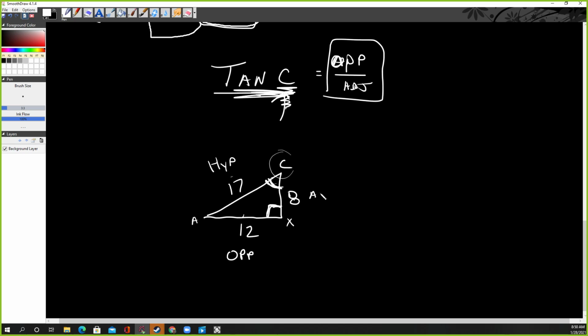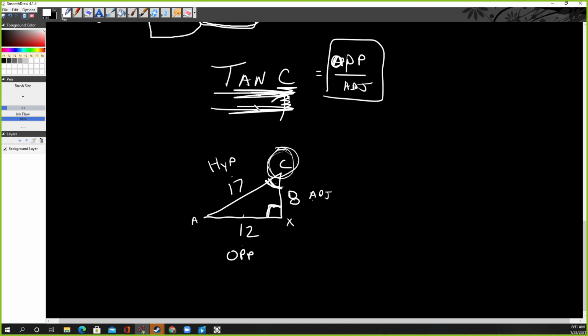That means that this one has to be the adjacent for this angle. And I know this would be a different story if we're talking about this angle. This would be the opposite, okay? Yes, so it does change. Where your opposite is changes depending on what angle you're talking about. But we're talking about this angle, so this is the opposite. This is the hypotenuse, this is adjacent.